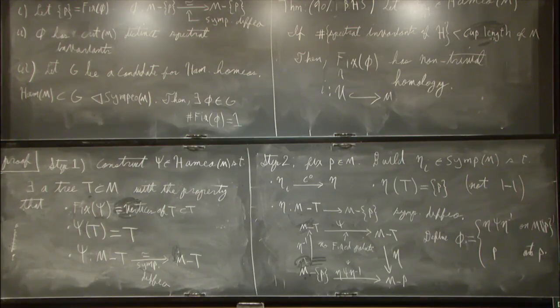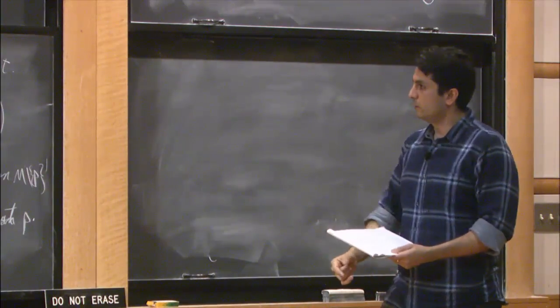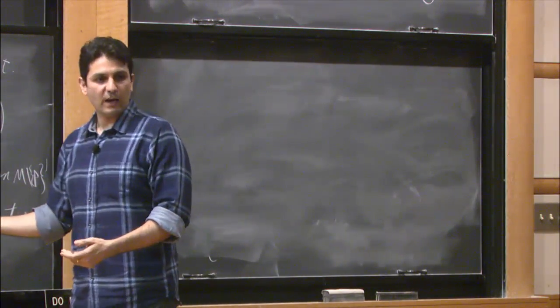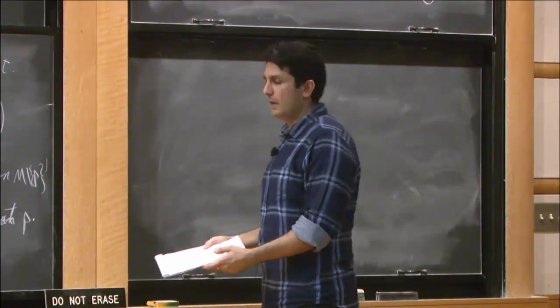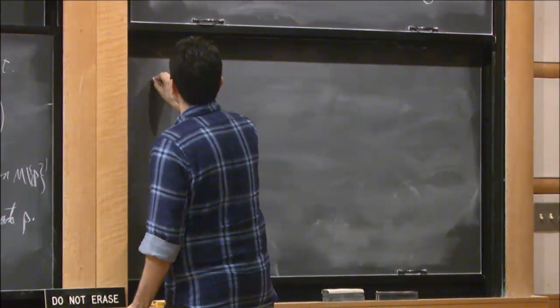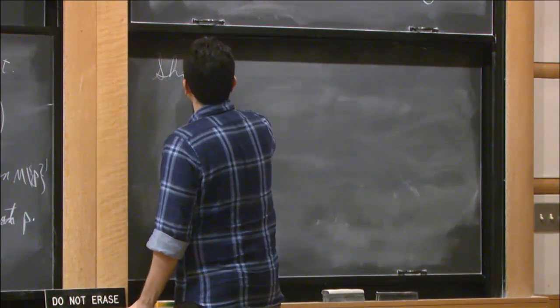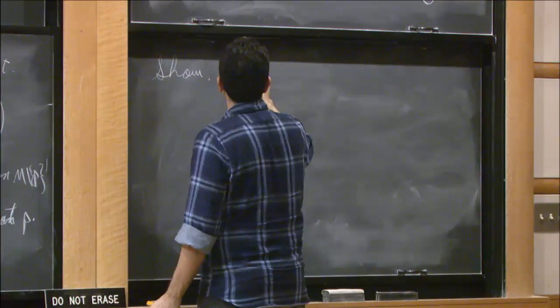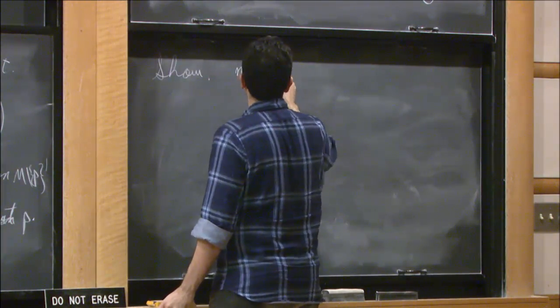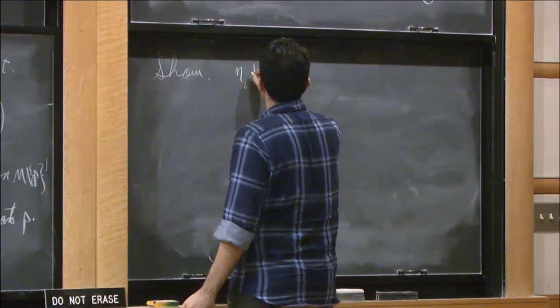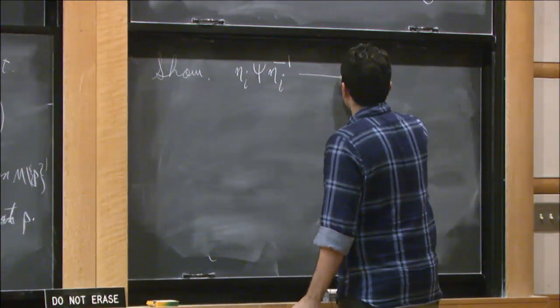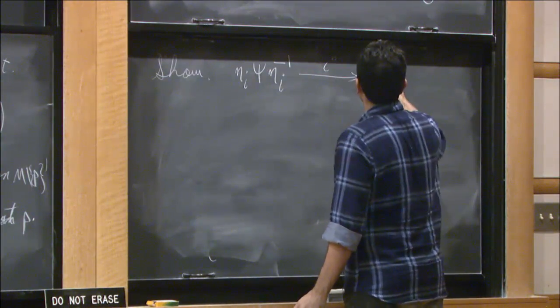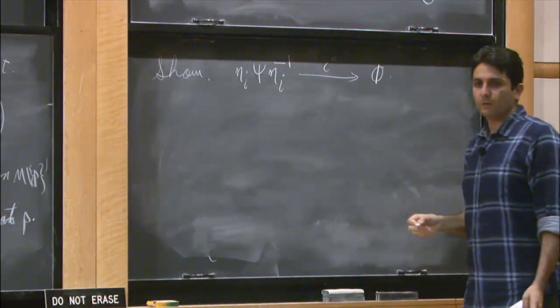And now, of course, we need to show that this is actually a Hamiltonian homeomorphism. And I won't prove this, but what we do is we show that the sequence eta i psi eta i inverse, so this sequence of conjugations, converges uniformly to phi. Okay?